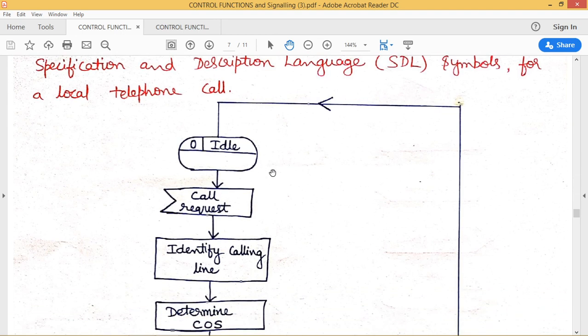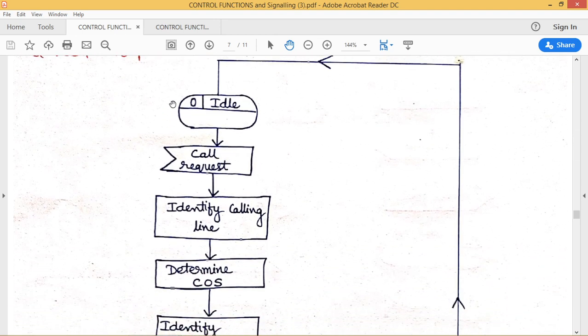So initially we know the system will be in the idle state. Of course state 0 is defined. So this is what the state box is.